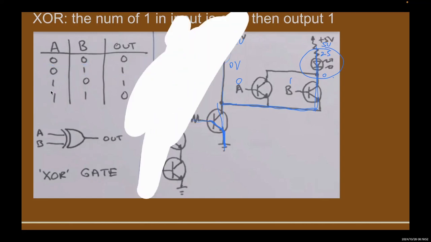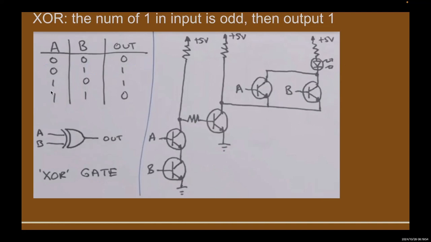And if A is 1, B is 0, it's similar, I guess. Yeah, these are similar. And if both A and B are 1, so this is connected.